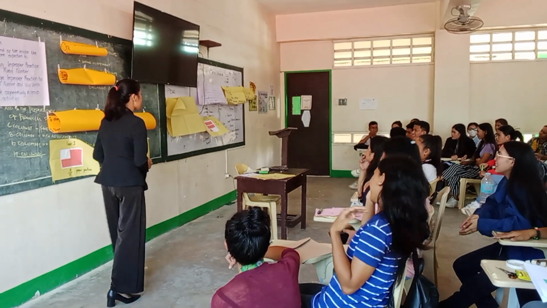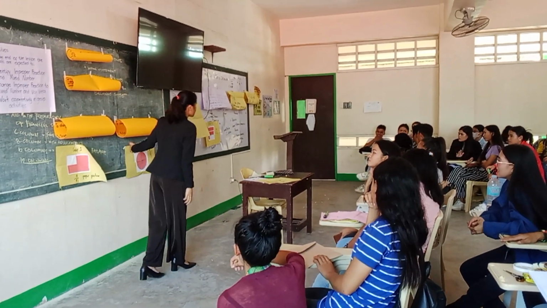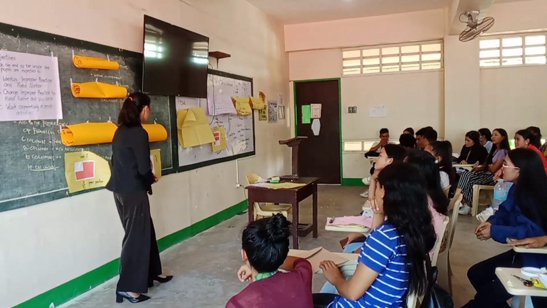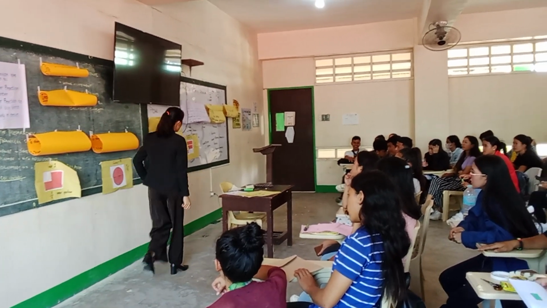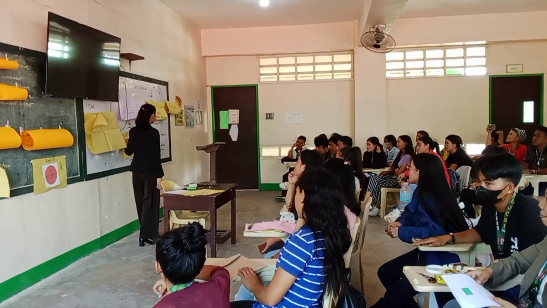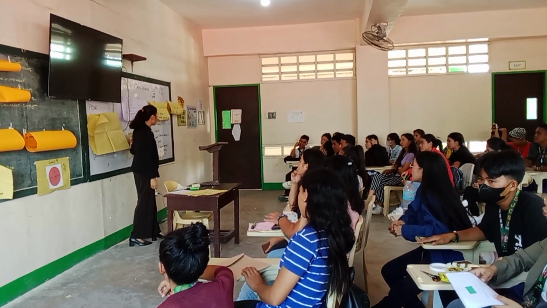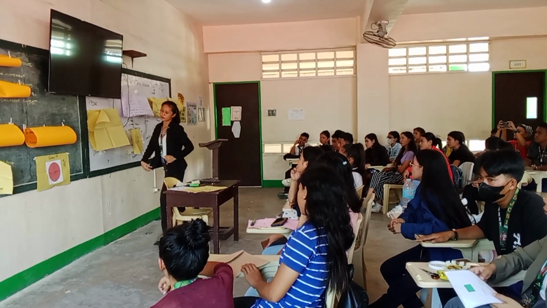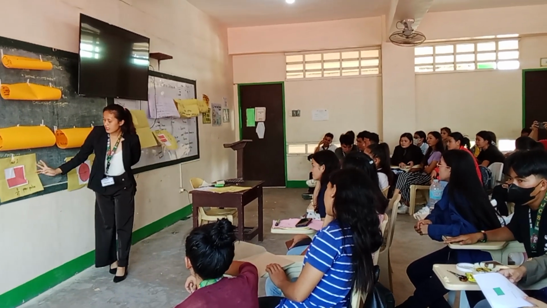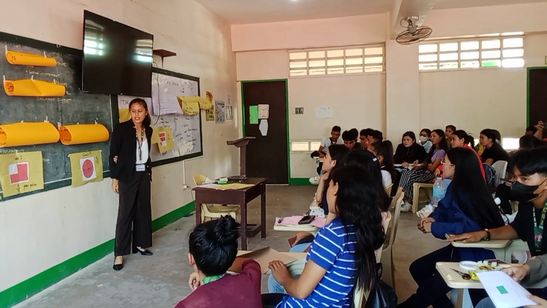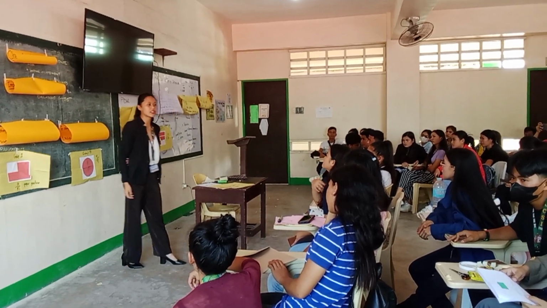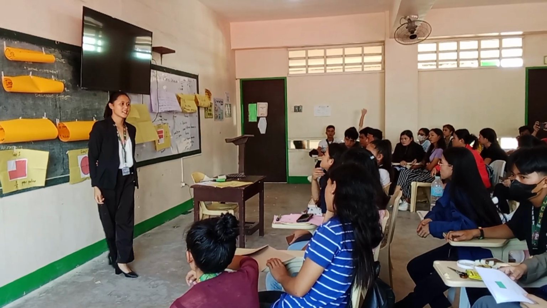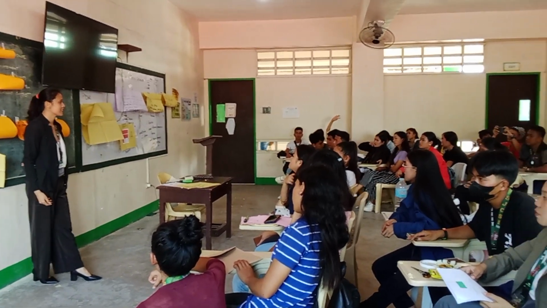And as you can see in your work, there are different kinds of fractions. Here the numerator and denominator are the same. And here in group 2, the denominator is smaller than the numerator. And in group 1, the numerator is smaller than the denominator. So now, who has any idea about our topic for today's lesson? Anyone?